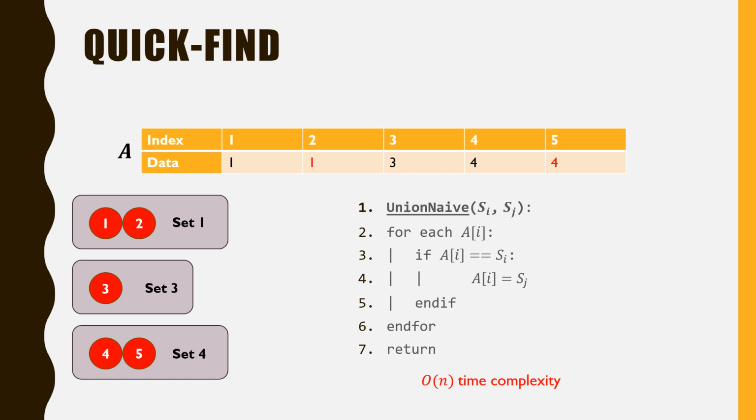This implementation requires O(n) time, as it scans the entire array. However, this exceeds the expected O(log n) time complexity. In the following sections, we introduce its optimizations and detailed time complexity analysis.